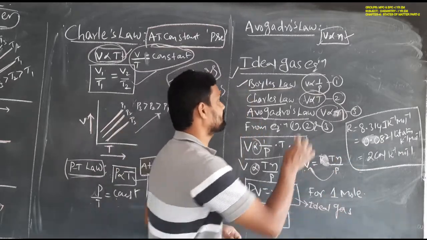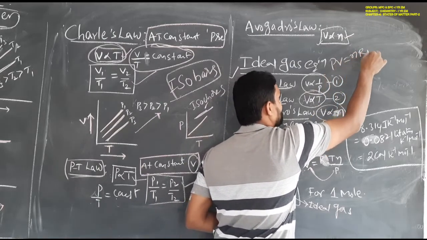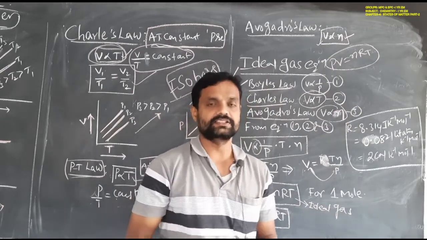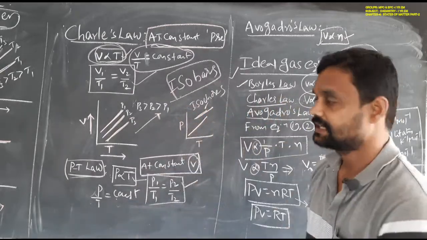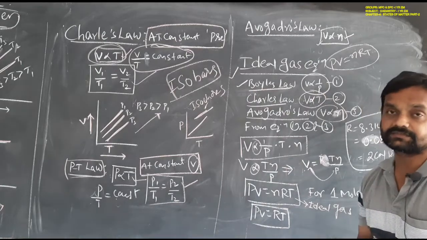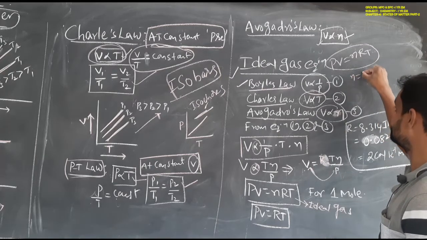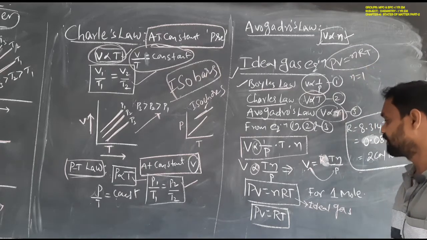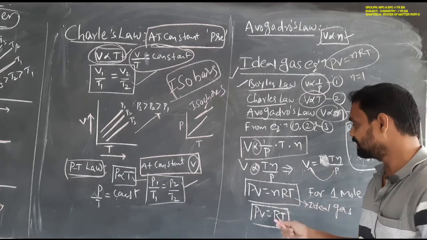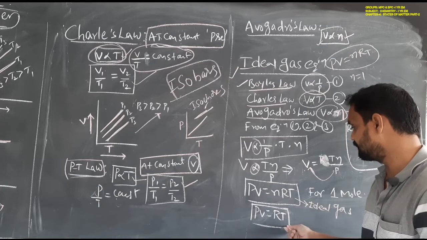What is the ideal gas equation? PV equals small n, capital R, capital T. Simply, it is called the ideal gas equation for n moles. For 1 mole, the number of moles equals 1, so putting 1 in place of small n, PV equals RT.